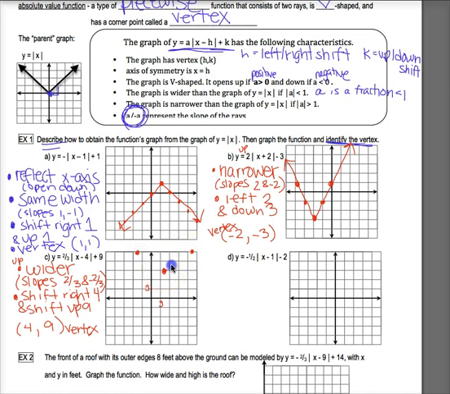And then you can connect, and you've got your lovely V. And it's hard to tell that this is wider just because of the counting by threes, but we went up 2 and right 3, so we should be good.